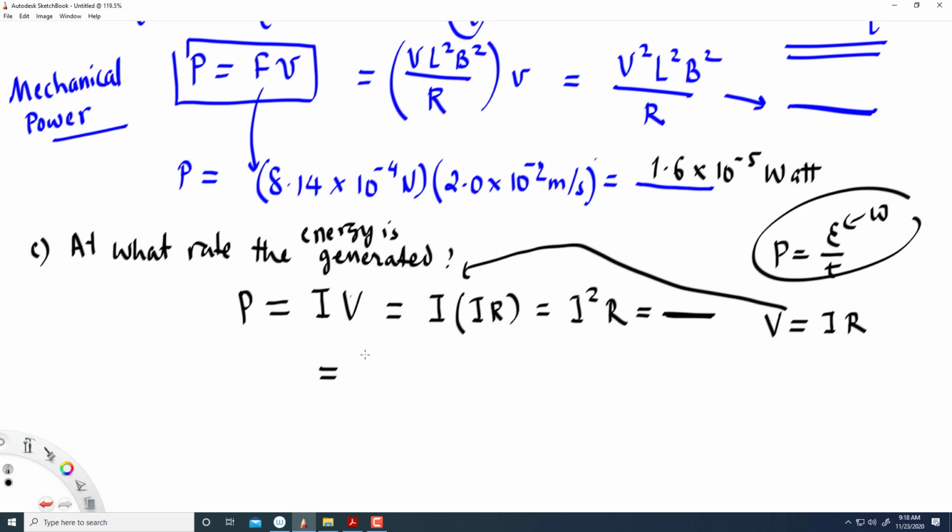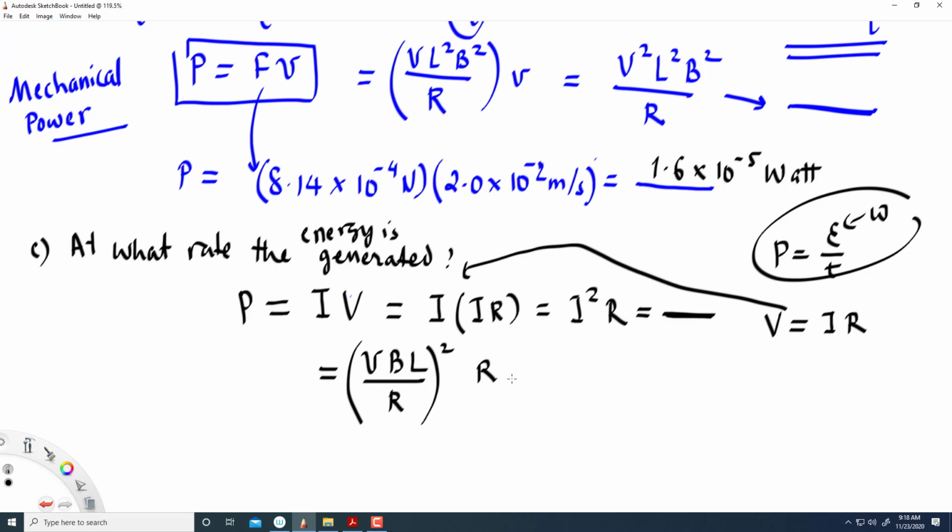The I we got in part A. Not the value, the expression. You can use the value here, but I want to show you an expression. VBL over R. That's what I was looking for. So that's I, and that's squared.